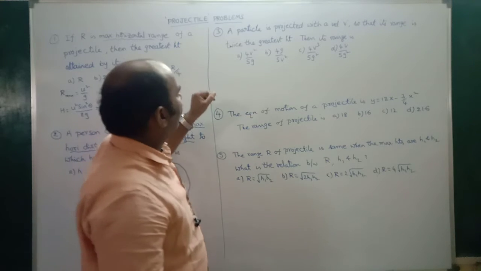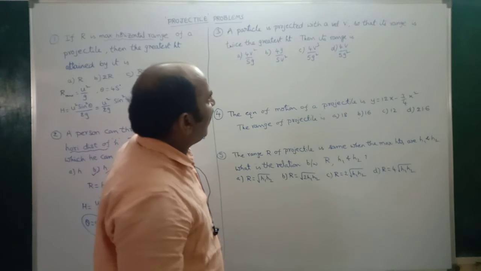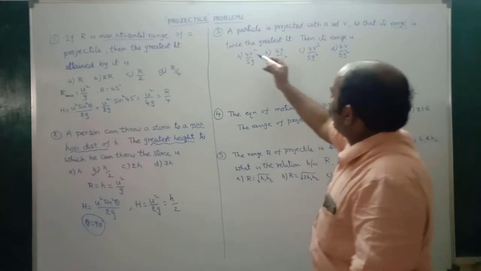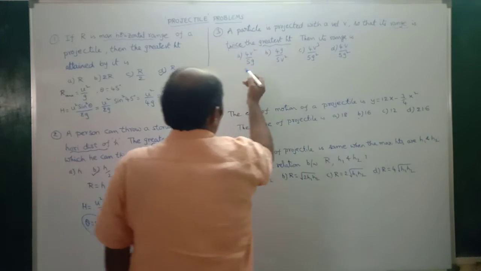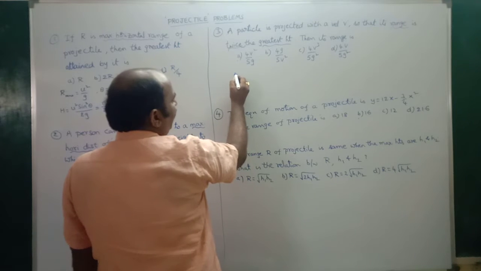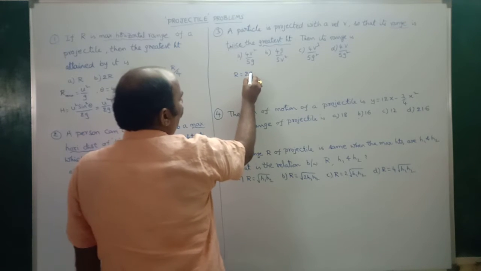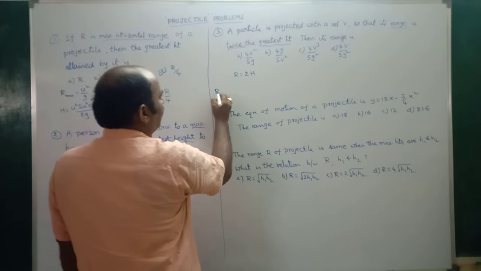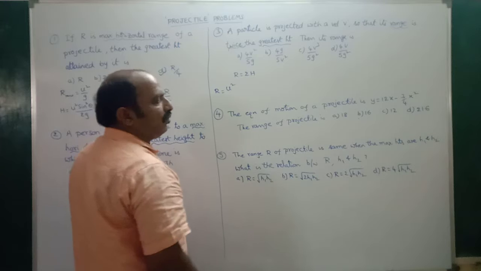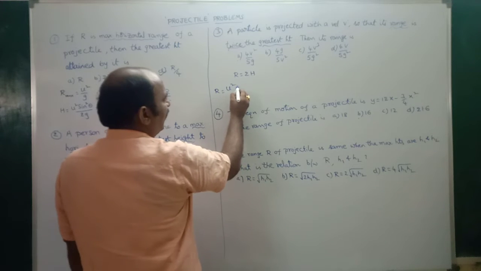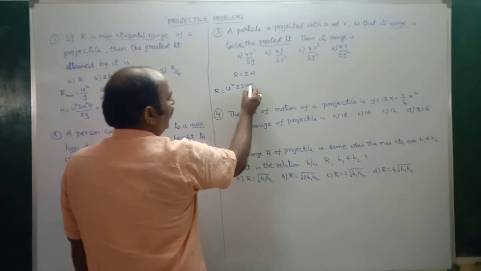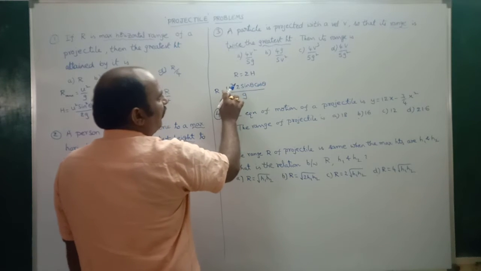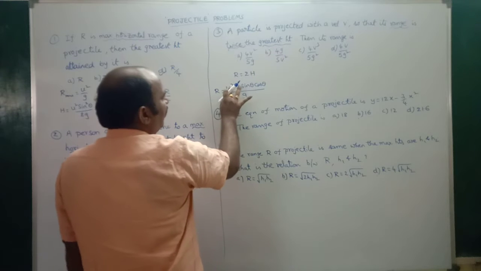Next, third one, a particle is projected with a velocity v so that its range is twice the greatest height. So a condition has been given, that is R is equal to 2h here. Then its range formula, R is equal to U square sin 2 theta by g. Sin 2 theta can be written as 2 sin theta cos theta. Here U is given as v.